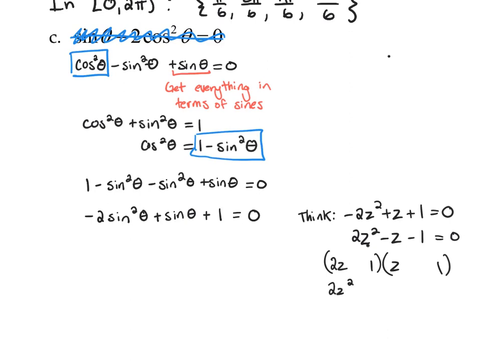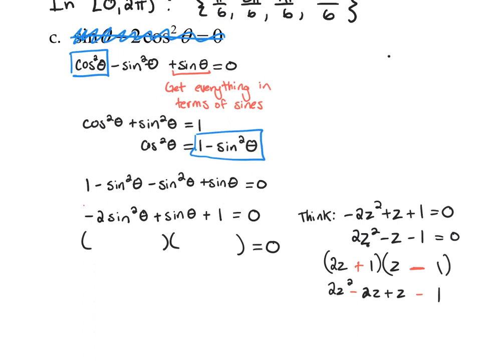So I get 2z squared plus 2z plus z plus 1. And actually, I don't know if these are pluses or minuses, so I'll leave them off for now. I want it to be a minus 2z plus z and a minus 1. So in order to get a minus 2z, I put it as a minus, so that the 2z times the minus 1 gives me the negative. So 2z plus 1, z minus 1. How that relates to what I'm doing over here is I'm doing the same thing with signs.